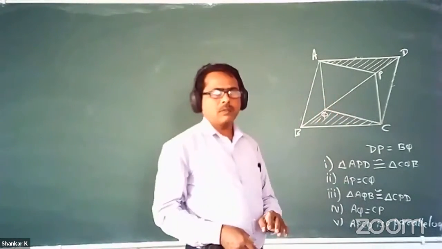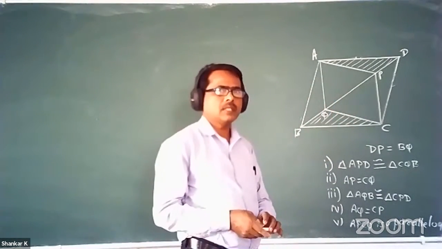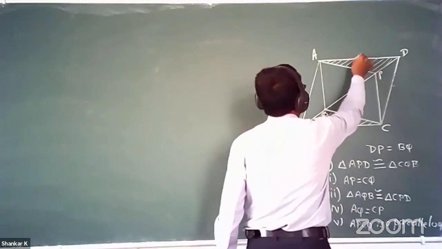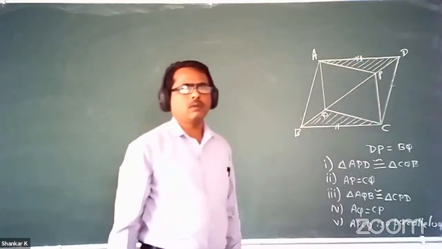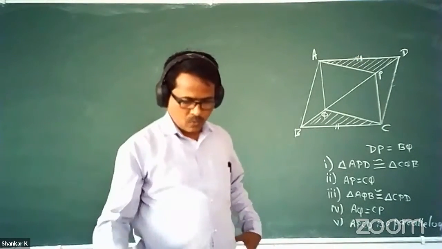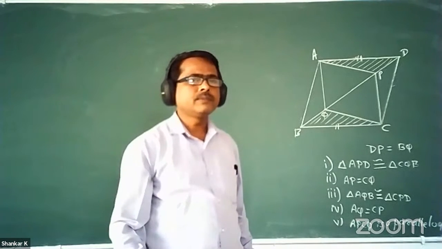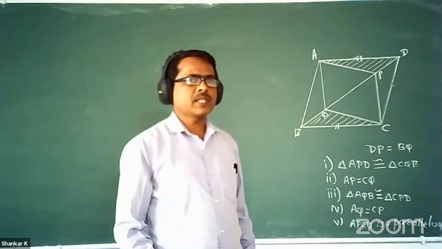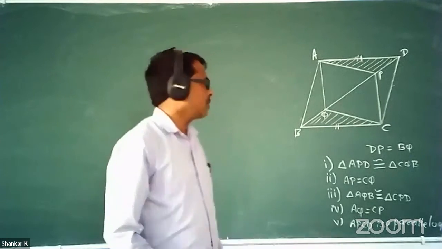ABCD is a parallelogram or not? ABCD is a parallelogram. BC and AD, these are equal. Why are those equal? Opposite sides of a parallelogram, that's why those are equal.